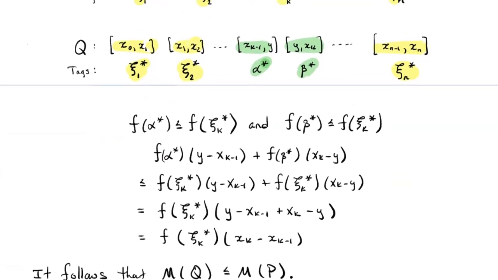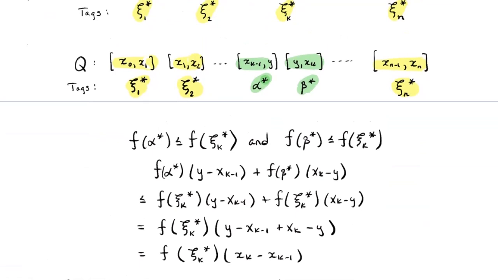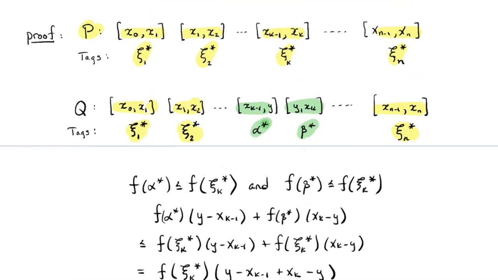So what am I going to do with those things? Let me leave these things visible here. The largest output on the interval from x_{k-1} to y cannot be any more than the largest output on the interval from x_{k-1} to x_k, because the interval from x_{k-1} to y is a subset of that interval. So I've written down here that f of alpha upper star cannot exceed f of c upper star.